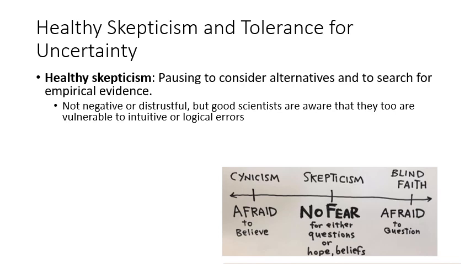The second bullet says, not negative or distrustful, but good scientists are aware that they too are vulnerable to intuitive or logical errors. And this word cynical, well, someone who's cynical doesn't believe anything. Someone who's cynical is a naysayer. They're afraid to believe anything.